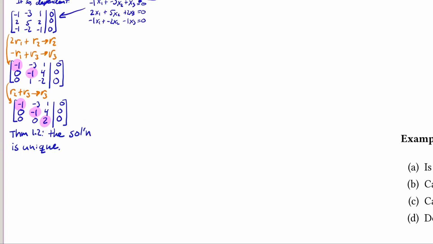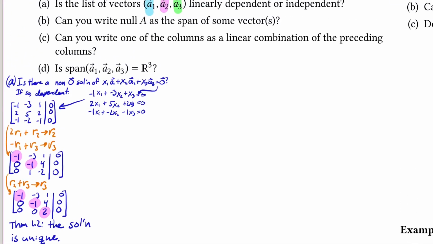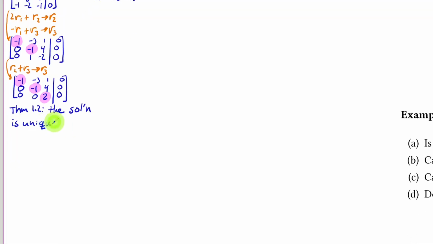We also know that the vector 0 is a solution because, of course, you could do 0a1 plus 0a2 plus 0a3, and of course you'll get 0. So the unique solution is specifically x equals 0.